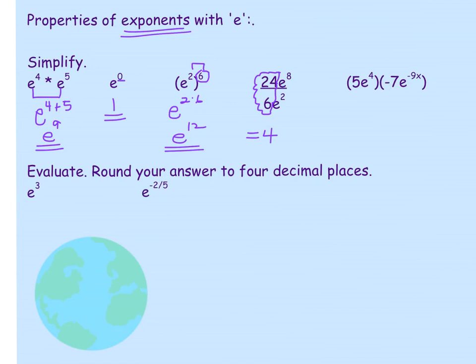And then if we take a look at the e's right next to it, we have e to the 8th divided by e to the 2nd. To simplify the exponents, we subtract numerator minus denominator. And that would give us 4e to the 6th power. And that's as simplified as that gets.